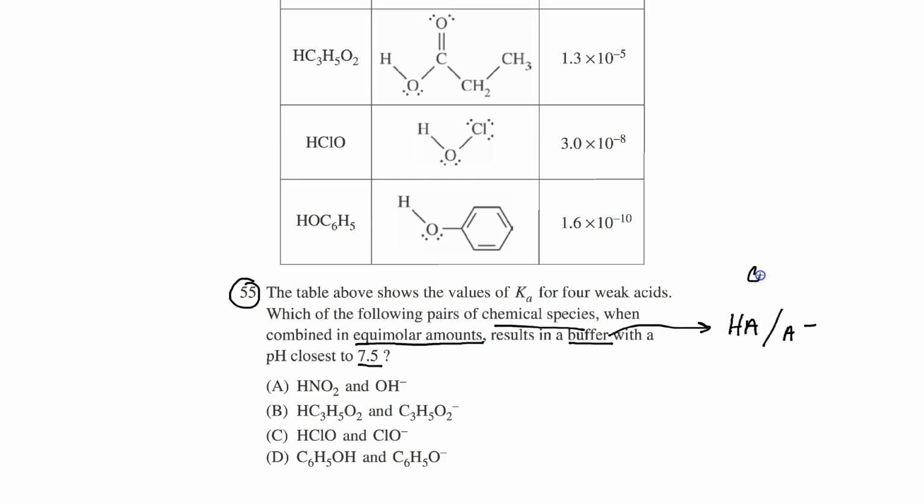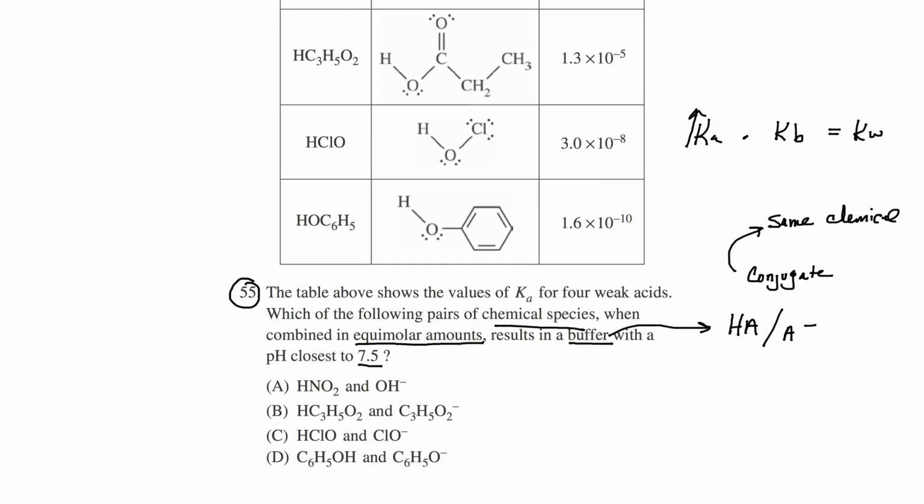It has to be conjugate because, as we've learned, conjugate means the what? Same chemical, plus or minus an H. And we learned that the Ka of that conjugate acid times the Kb of the conjugate base of the same chemical is equal to Kw.